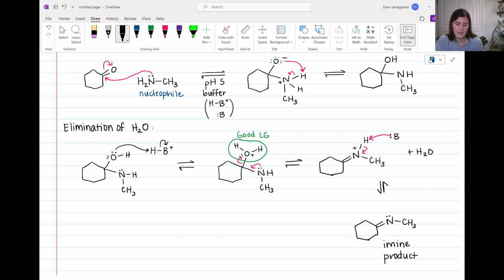I'll use my pink arrows. And again, we can encourage the reaction to proceed in the forward direction by removing water, so taking water out of the reaction flask, and also adding heat to increase the reaction.